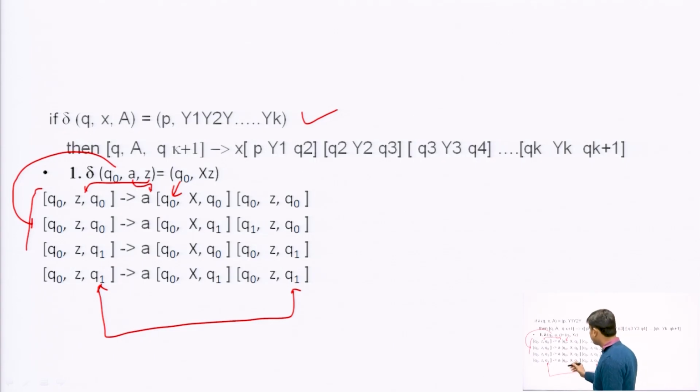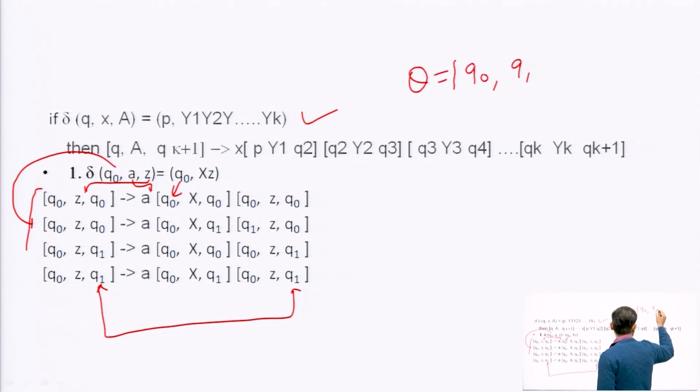The only difference is in the states, q0 and q1. If you had three states, then you would have to continue with q0, q1, then q2, like that. Here there are only two states, as we already saw in our question, the pushdown automata has only q0 and q1.